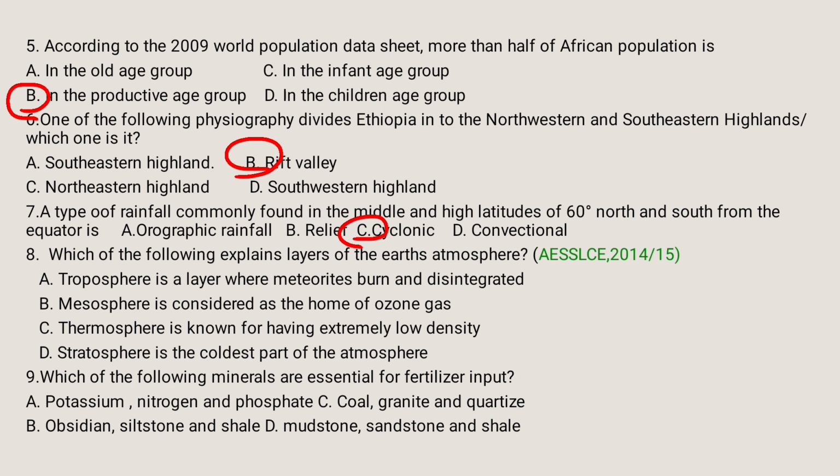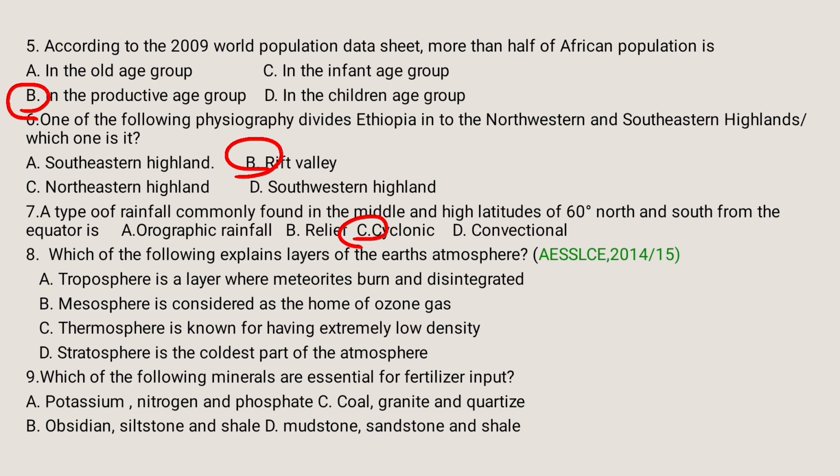Question number 8. Which of the following explains the layers of the Earth's atmosphere in correct manner? A. Troposphere is a layer where meteorites burn and disintegrate. B. Mesosphere is the home of ozone gas.